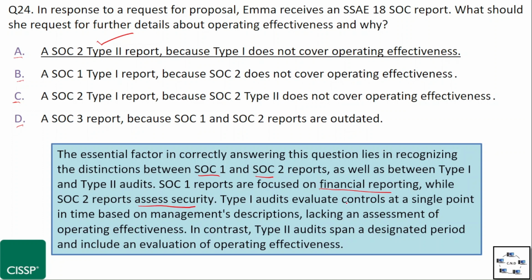Type 1 audits evaluate controls at a single point in time based on management's descriptions, lacking an assessment of operating effectiveness. In contrast, Type 2 audits span a designated period and include an evaluation of operating effectiveness.